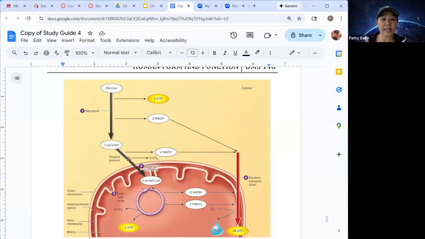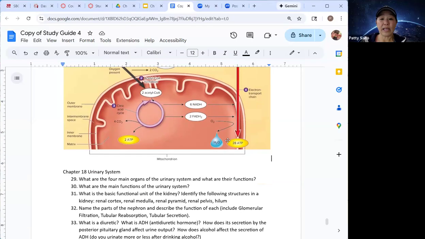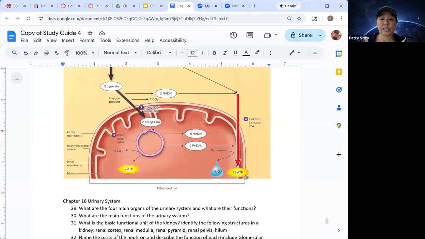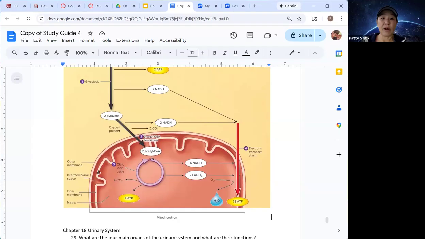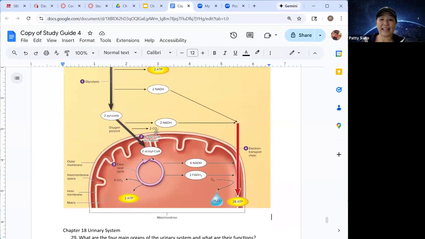Here we get pyruvate forming acetyl-CoA, which feeds into the citric acid cycle. We get some electrons carried by NADH, some electrons carried by FADH2. Those transport the electrons to this inner membrane, and we get oxygen that picks up those electrons and forms water. And we get 28 ATPs for every molecule, actually for every pyruvate, I believe. So then we have some ATPs formed here and then some ATPs formed here. Okay, actually that's pretty good.